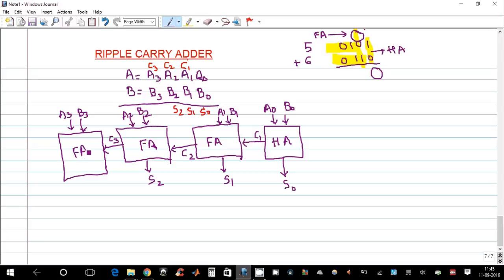We require a full adder that will result in some expression S3 and a carry expression that we are calling C4. So addition of these three is resulting in the expression S3 with carry out as C4. So this section is called a ripple carry adder.